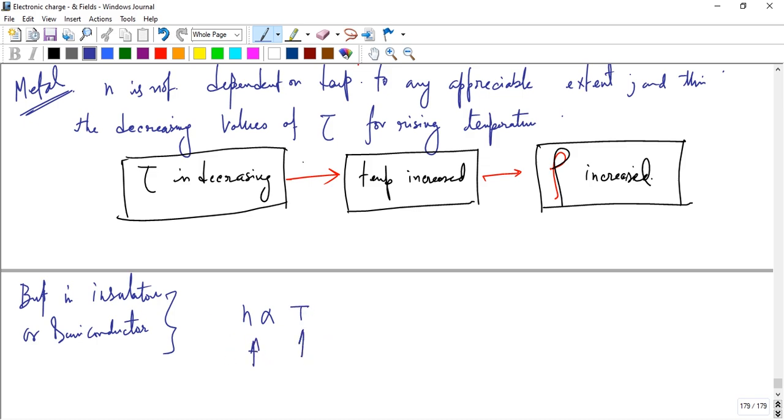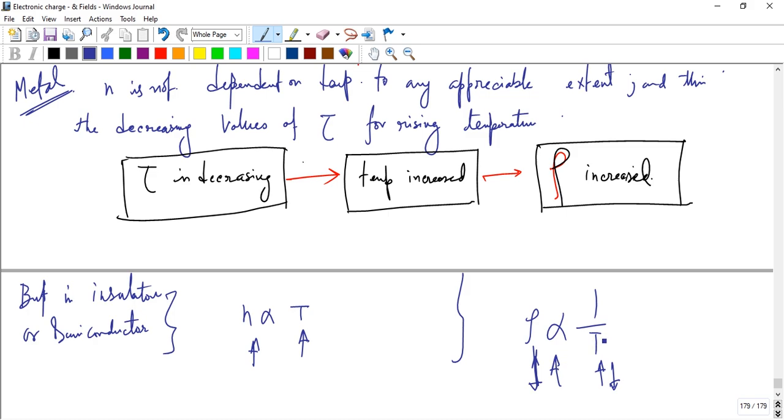This increase more than compensates the decrease in tau. So rho is inversely proportional to T. If temperature is increasing, rho is decreasing. If temperature is decreasing, rho is increasing.